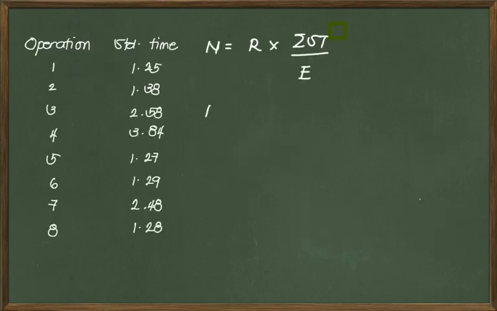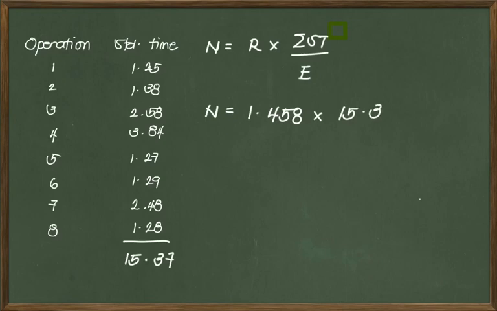So your N is therefore 1.458, then multiplied by the sum of our standard time. So kapag inadd natin silang lahat, so that will give you a value of 15.37. So which is here, divided by 0.95.